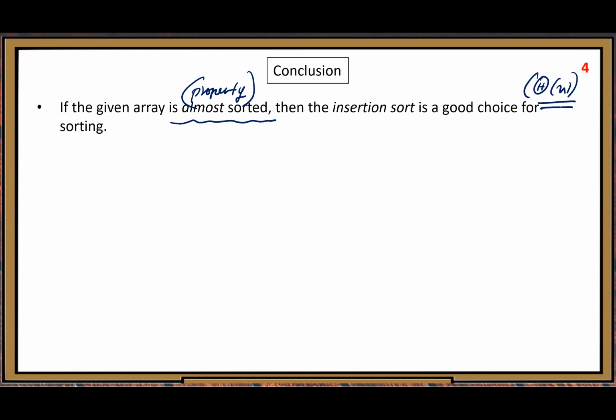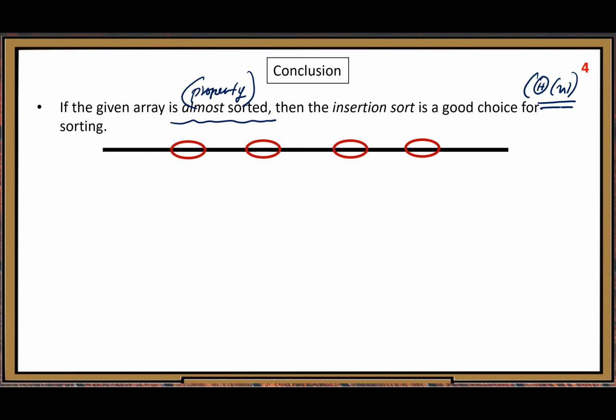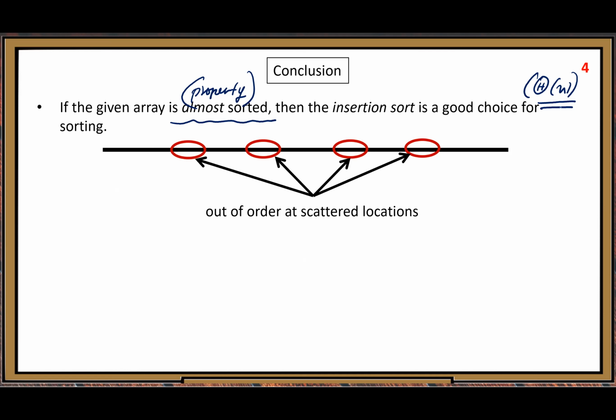Let me draw the diagram a little bit. Suppose this is the given data. What do we mean by almost sorted? You have some scattered spots, like these red circle places, where the data is not ordered. The remaining, most part, is all ordered.